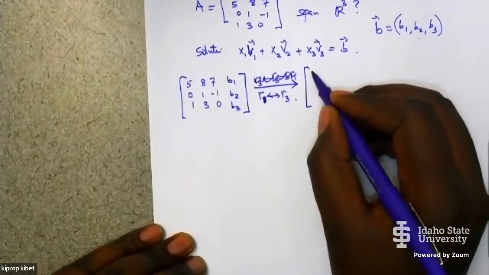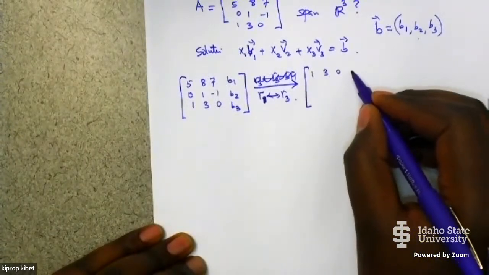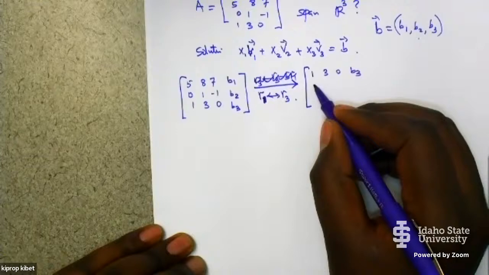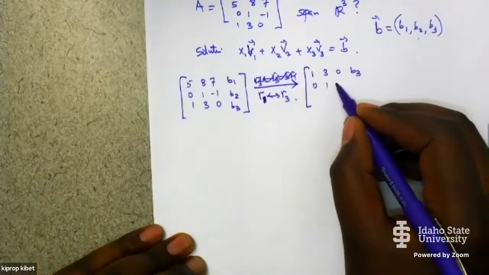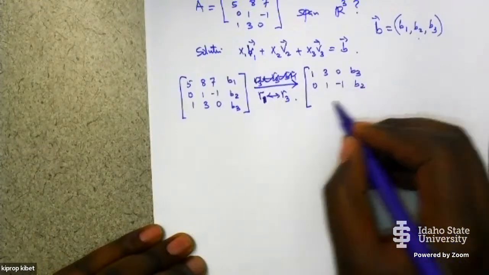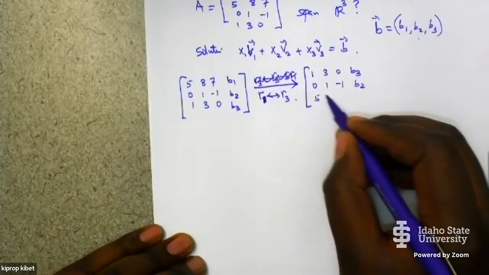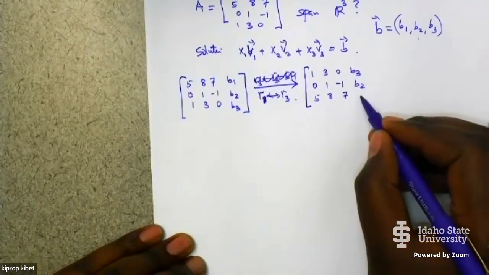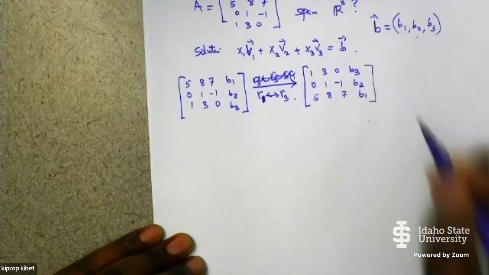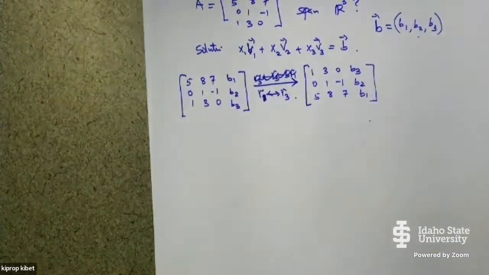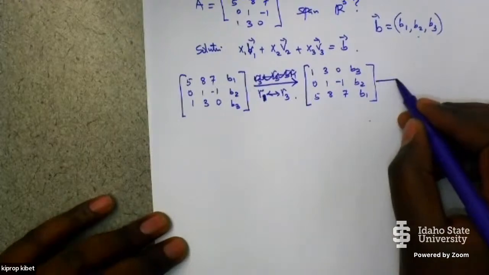When we switch that, we get 1, 3, 0, and then B3, then 0, 1, -1, B2, and then 5, 8, 7, and then B1. We are trying to make it easier to solve. Once we switch, we are able to reduce.